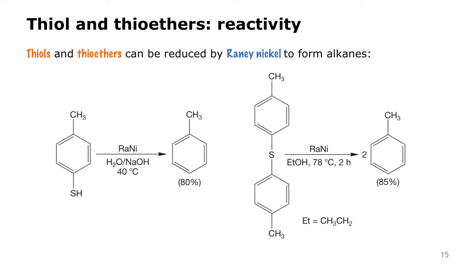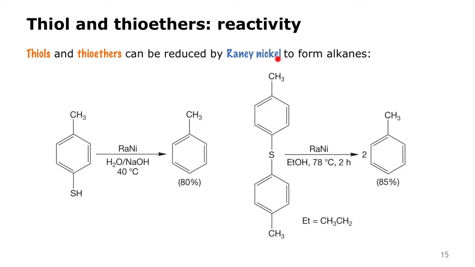Sulfur has some really unique reactivity that sets it apart from its oxygen brethren. One of the things that you can curiously do with thiol compounds and sulfide compounds is reductively remove the sulfur and replace it with hydrogen. One of the common ways of doing this, which dates back to the early 1900s, is a reaction using a particular alloy of nickel, named after its inventor, known as Raney nickel.